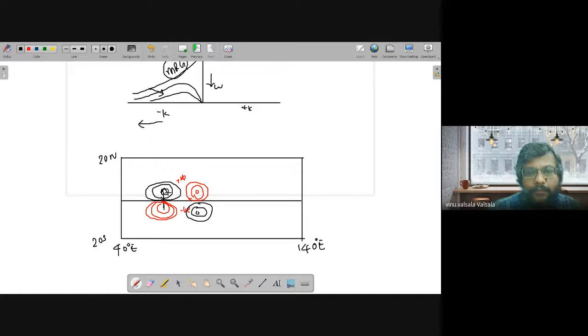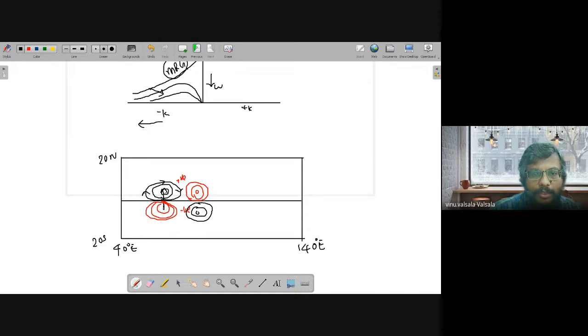Now, if you take the velocity associated with this tropical wave, if this is a high pressure, what will be the geostrophic principle? What kind of circulation will you have if it is high pressure? The water will be circulating in the clockwise direction, right? This will be the circulation of water.